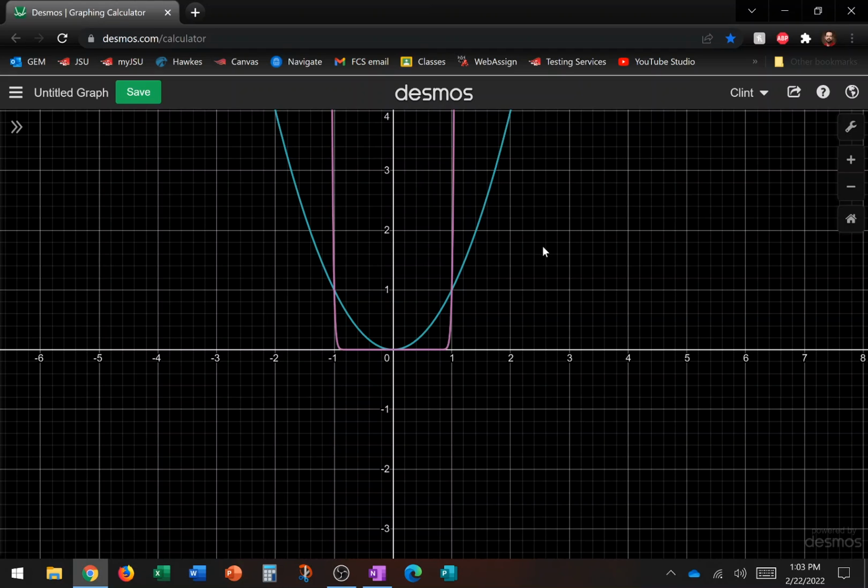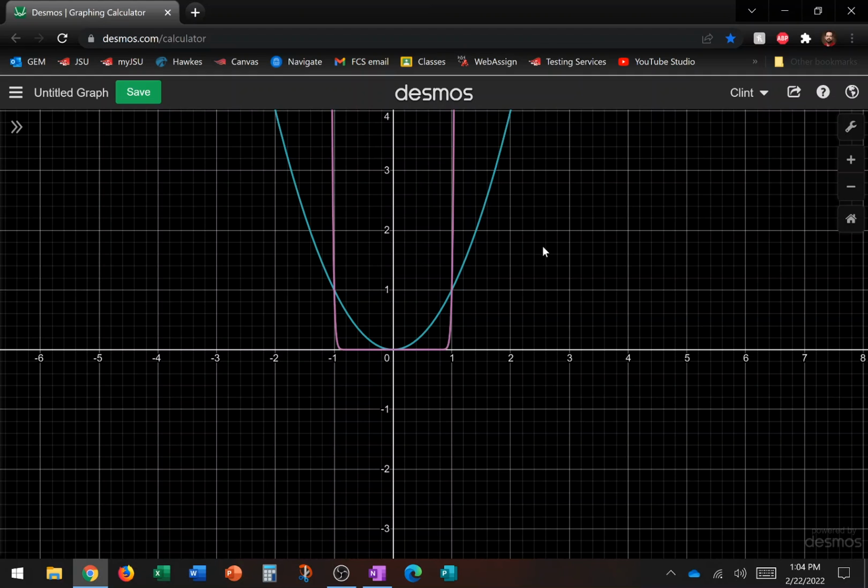What's happening there? As we increase the size of the exponent, the bottom here is just kind of spreading out, and it takes more of a rectangular shape. We don't actually get 90 degrees on there, but it gets close to that. But in general, they're all going to have that U shape.